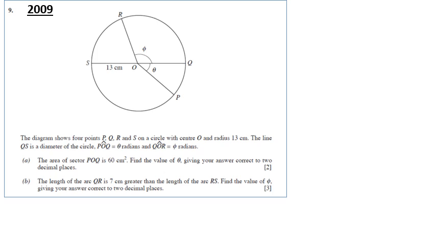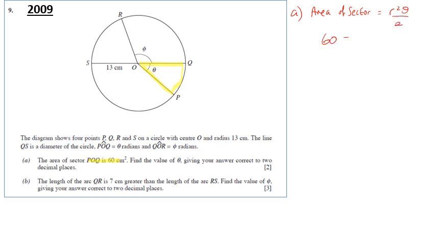In question A, the area of the sector POQ is 60. So I'm going to colour that in. So POQ, P to Q, so that sector there has an area of 60, and it's asking us to find the value of theta, giving our answer correct to 2 decimal places. So there's a formula for area of sector, which remember you need to memorise, r squared theta over 2.